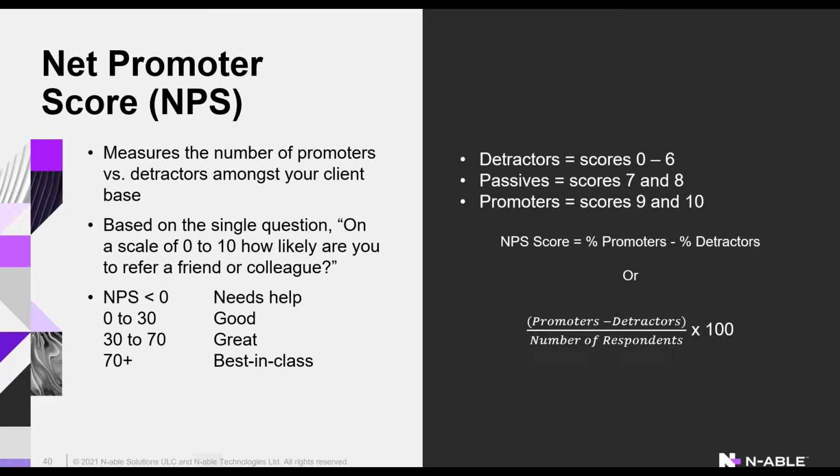The reason I think this is such an important KPI and something we focus on as MSPs is whether or not we like it, word of mouth, until you get to a certain size, and I tend to see this at the 10 million mark, 5 million mark, word of mouth is just our best advertising.